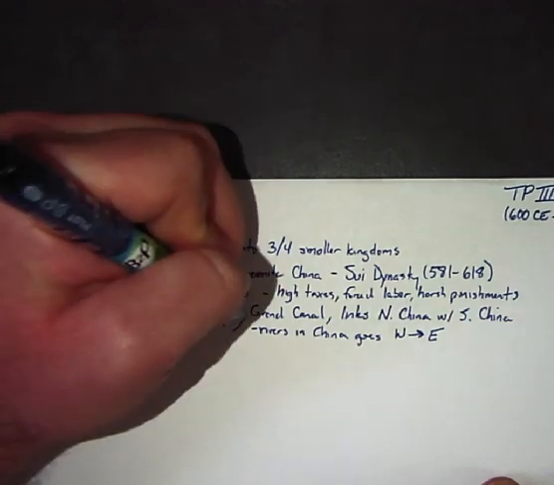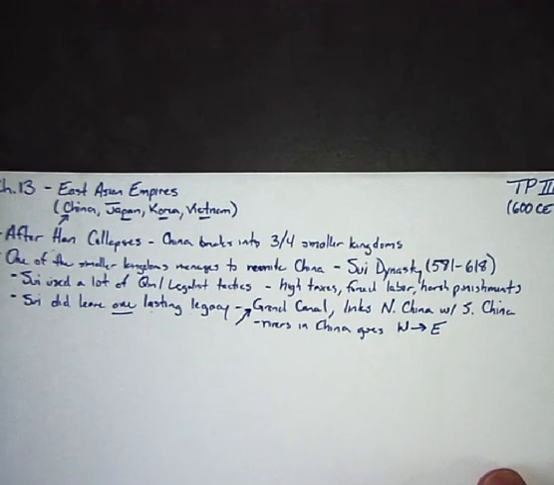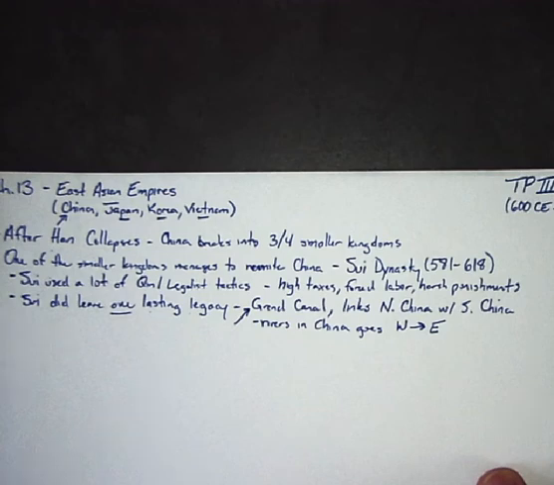And so the one thing that the Sui did that the rest of China really appreciated was building the Grand Canal. So this was built during this 37-year reign of the Sui dynasty. It's still in use today. So it's still used by China today to move things around China. Now, obviously, there are other more efficient ways of moving things around China today, but it's still there and it still works, so they still use it.